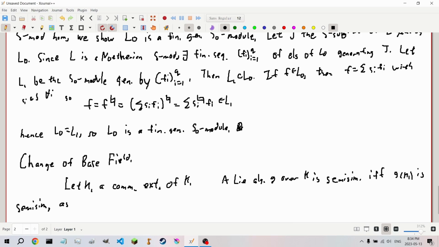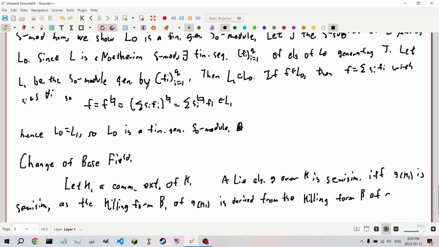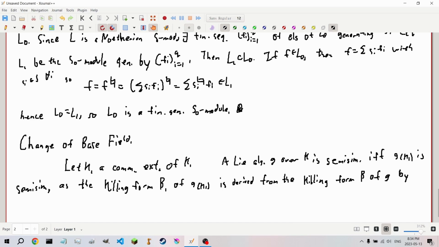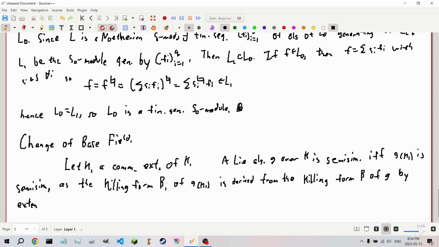As the killing form beta 1 of the extension of G is derived from the killing form beta of G by extending the base field, so beta 1, that's not even a letter I drew.